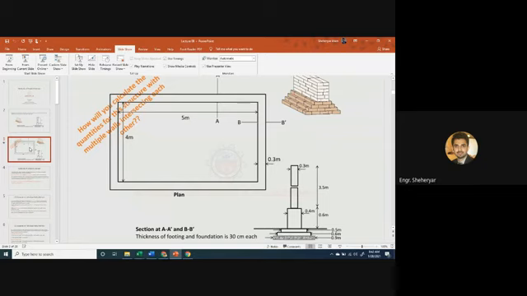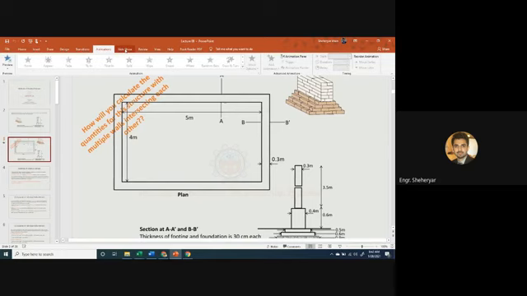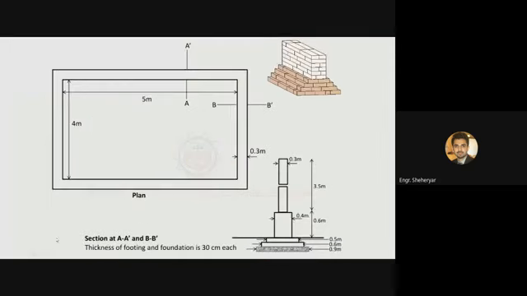If we have such a type of wall in which we have to estimate the quantities, and you take the length as this whole length from this point to this point for this wall, and then again from this point to this point for this wall, then you are repeating this corner.